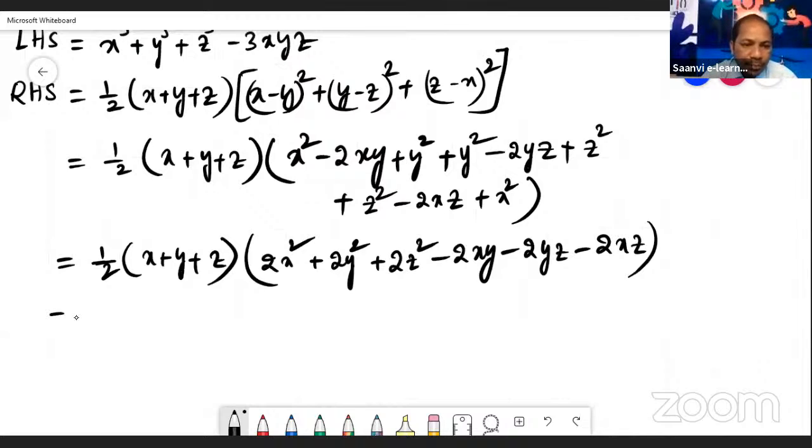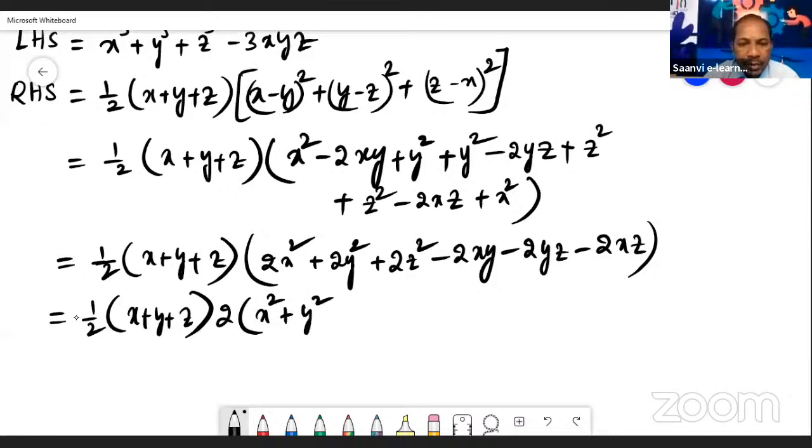So now 1 by 2 into (x plus y plus z). See here, in each and every term the number 2 is there. So we can take common 2 from this. So when we take common 2 here, what will be x square plus y square plus z square minus xy minus yz minus xz.